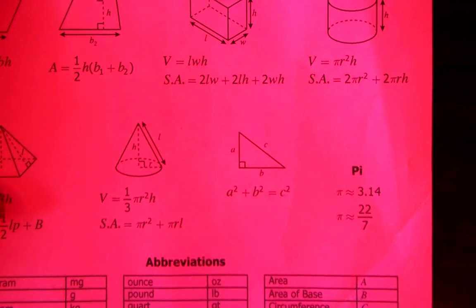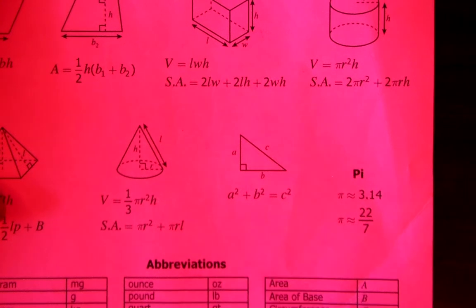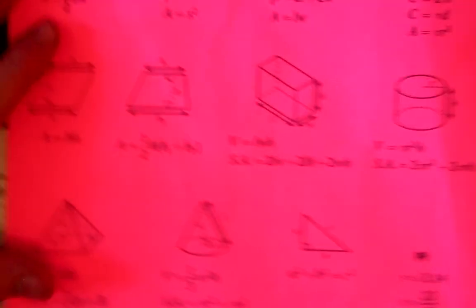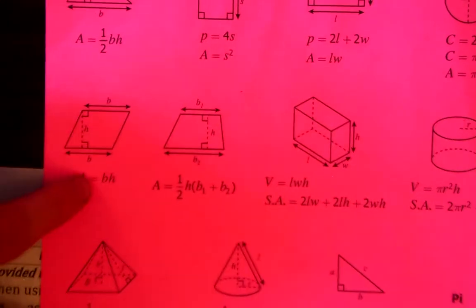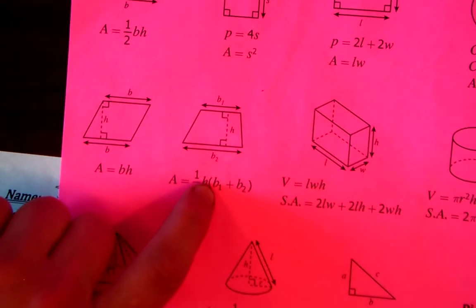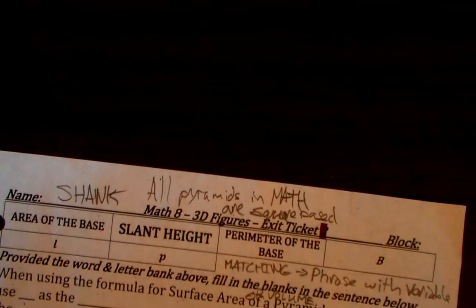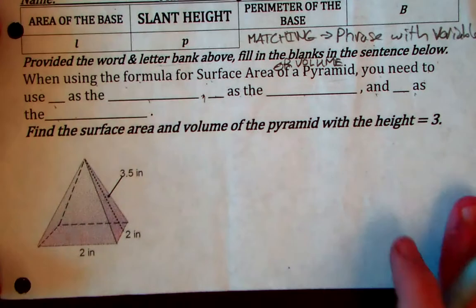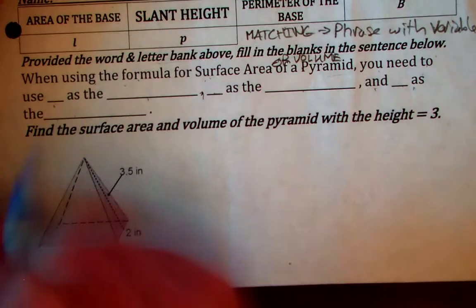Because a lot of people say, it's just the base. Well, sadly, it is not, which is why they use a different letter for that. Notice how those are different letters.